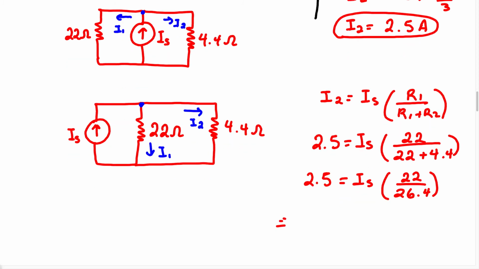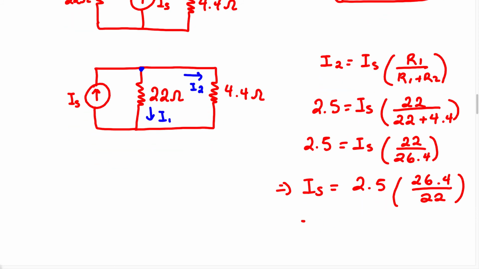Therefore, we can say the current IS equals 2.5 multiplied by 26.4 over 22. When you put that in your calculator, the current IS equals 3 amps. And this is what they wanted us to find. They wanted us to find the current IS, and that's going to give us the value of 3 amps.